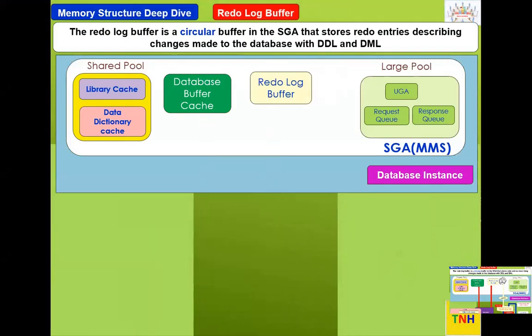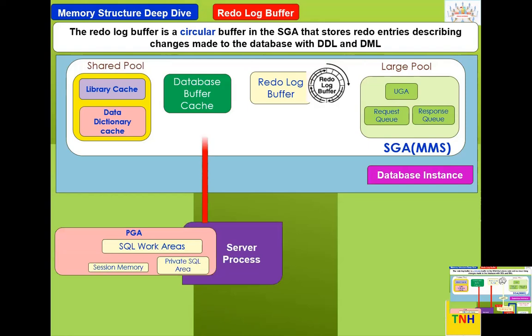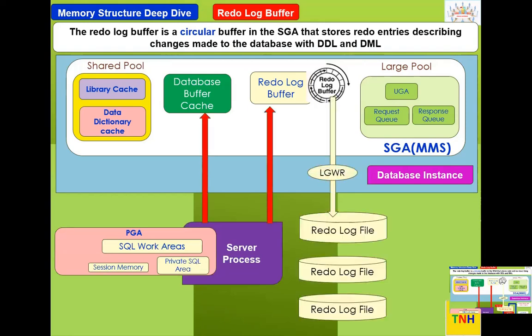The circular buffer goes in that way. Then log writer writes. When log writer writes, it writes to the current log file, because the file which is in use at the moment is known as the current log file.